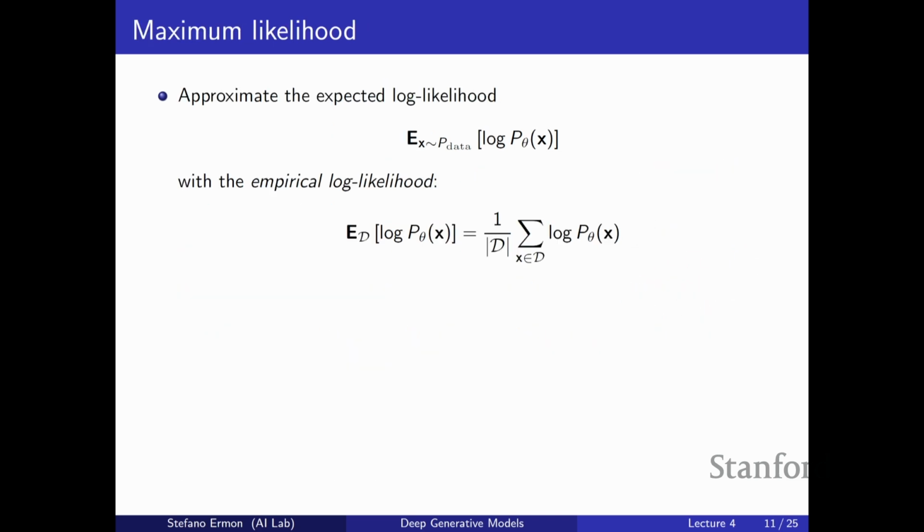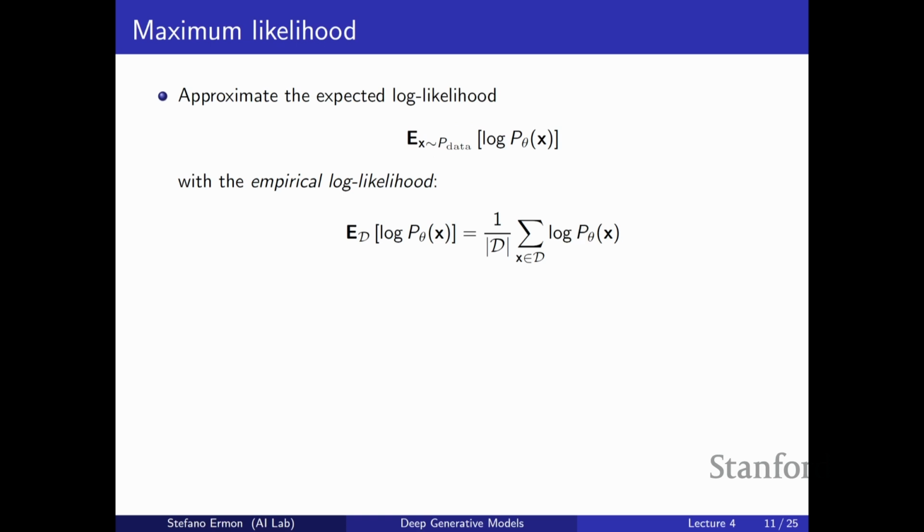However, we can approximate the expected log likelihood with the empirical log likelihood, or the average log likelihood on the training set. Remember that what we would really care about is the average log likelihood with respect to all the things that can possibly happen when you weight them with the probability given by the data distribution.